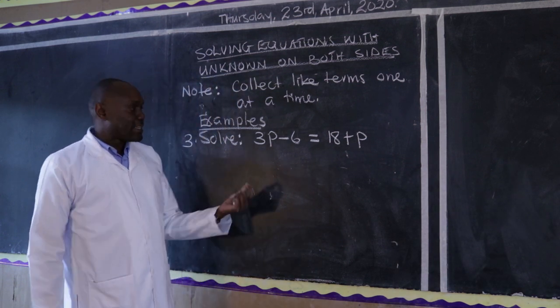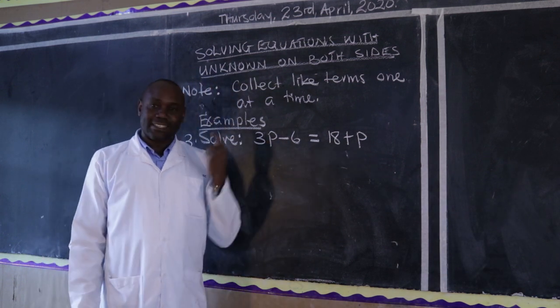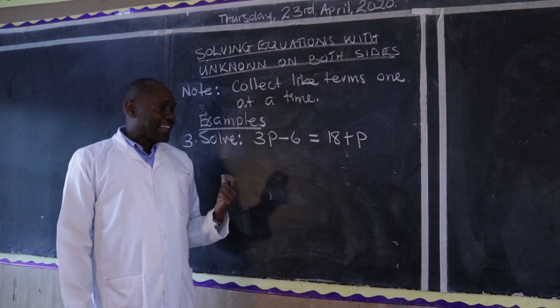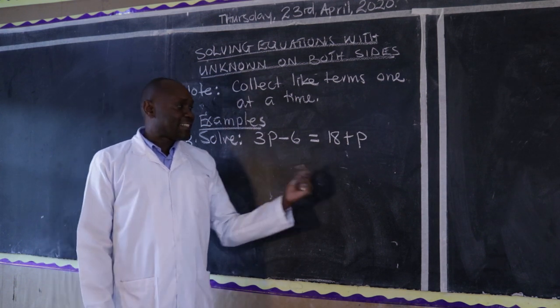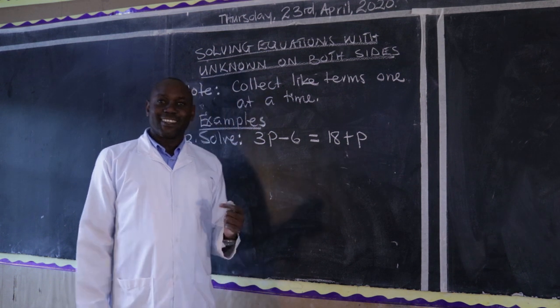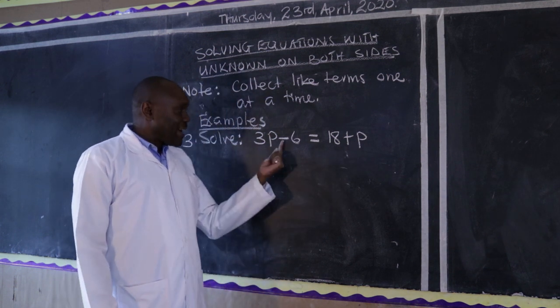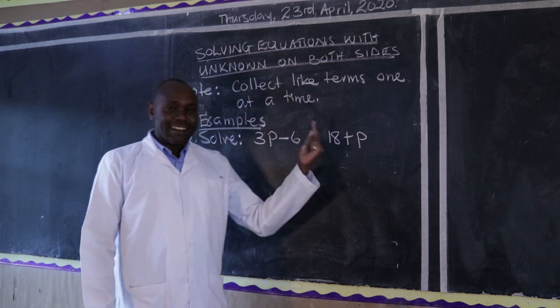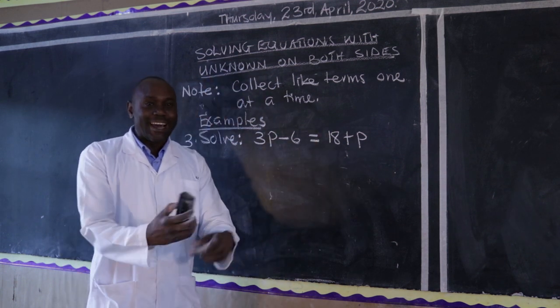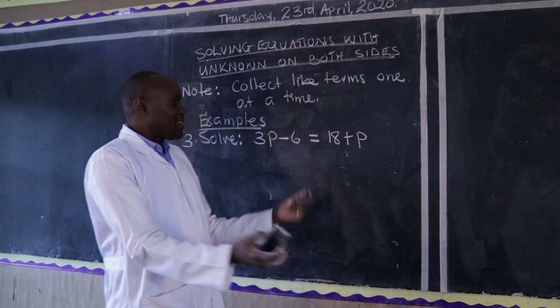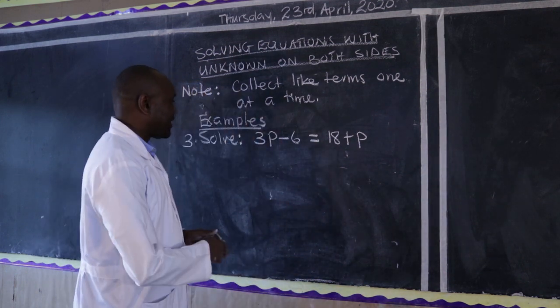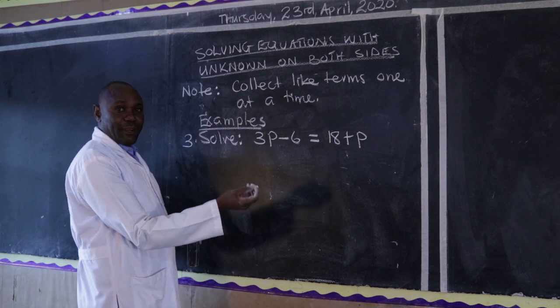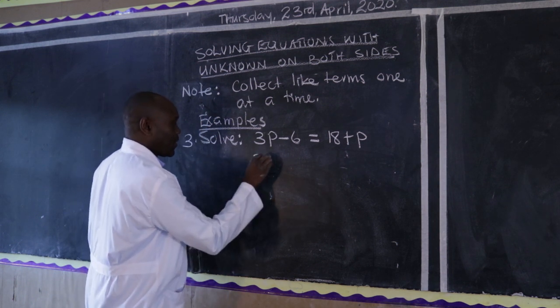Remember our first example has here a plus. But now this third example, we have a minus and a plus. The next one might be a minus and a minus, or a plus and a minus. We should play around with all that. When the examiner brings what you say, this is what we learned. So let's move ahead without wasting time.